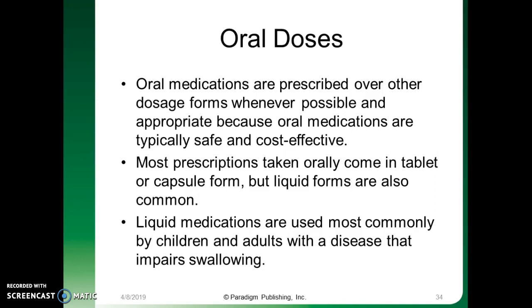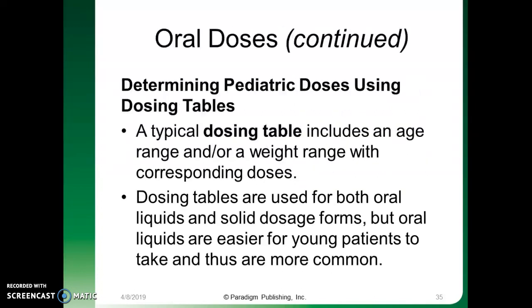Liquid medications are used most commonly for children and adults with diseases that impair swallowing, or for adults that have a difficult time swallowing. Tablets or capsules may be prescribed as liquid medications as well.